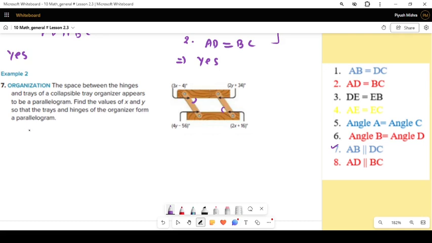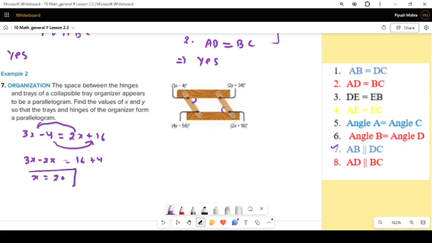It means I can write here 3x minus 4 will be equal to 2x plus 16. I will take this one over here and this one over here. So I can write 3x minus 2x will be equal to 16 plus 4. Further solve it. So x here you will get, and here you will get 20. So I have got the value of x equals 20. Okay, so the value of x is finished.